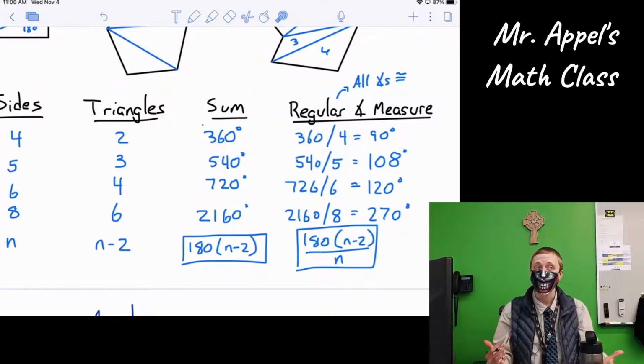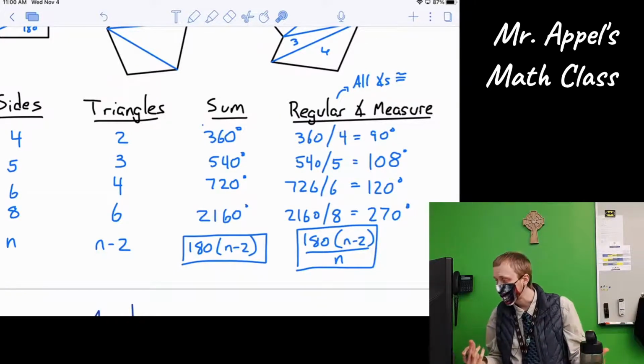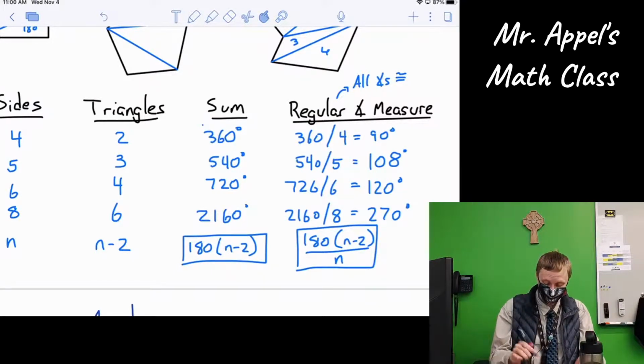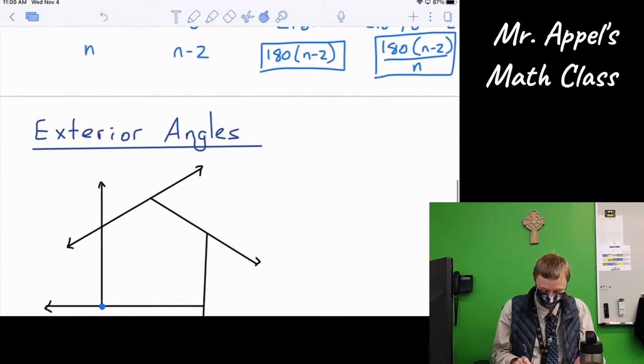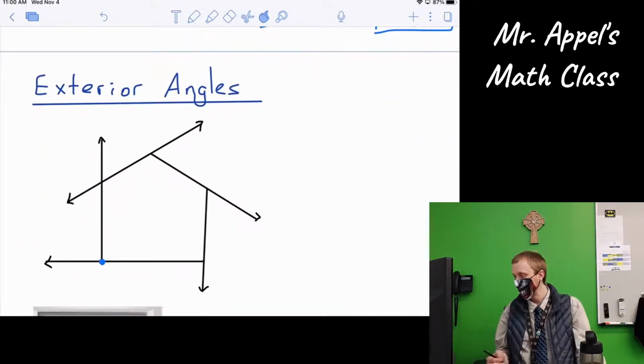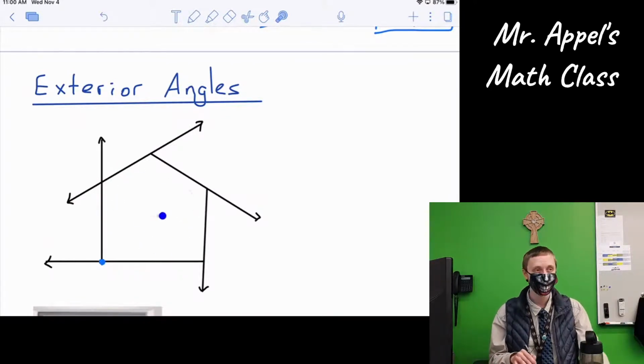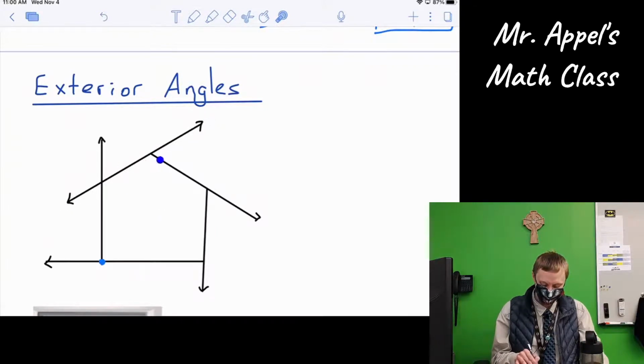What about on the outside? The exterior angles. Take a look at this guy. Here I have a 1, 2, 3, 4, 5 pentagon drawn in, but I've extended the lines. Right?